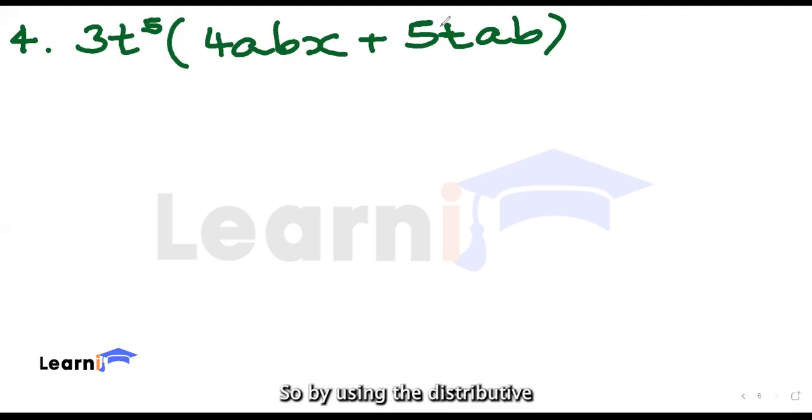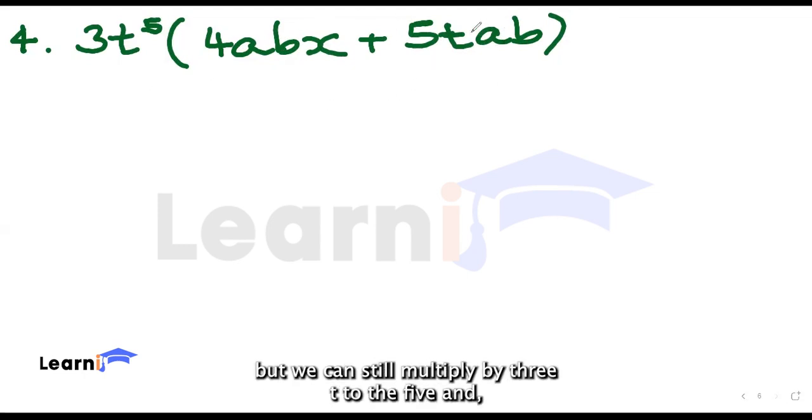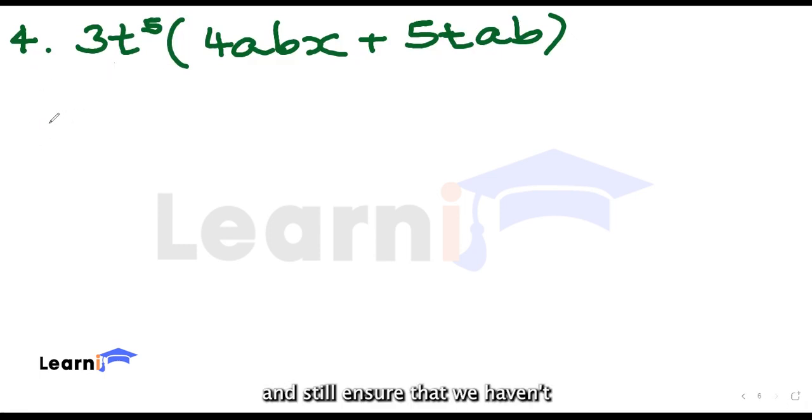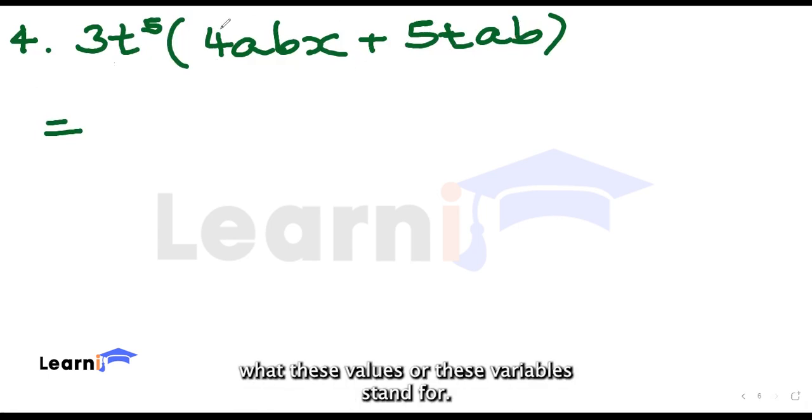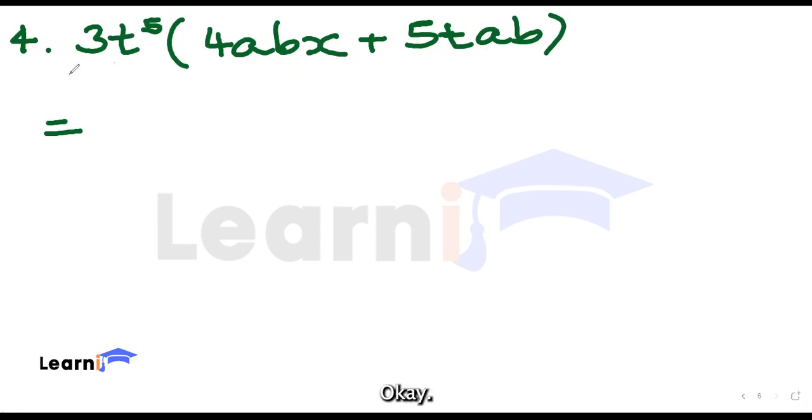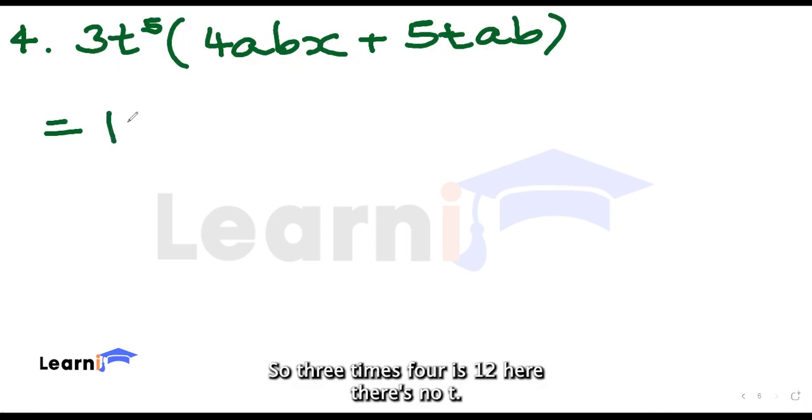So by using the distributive law, it still allows us to handle all these things that these variables represent, but we can still multiply it by 3t to the 5 and still ensure that we haven't changed the values or misrepresented what these variables stand for. Okay, so 3 times 4 is 12.